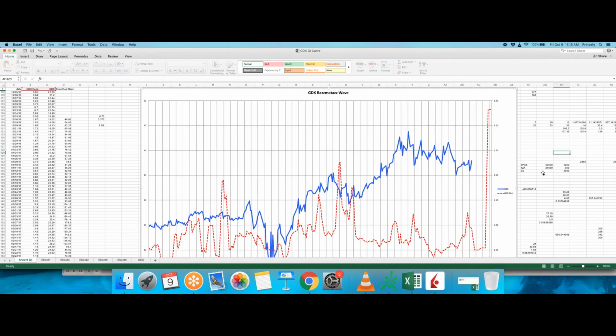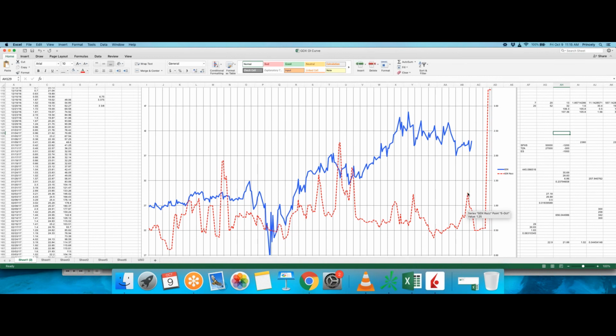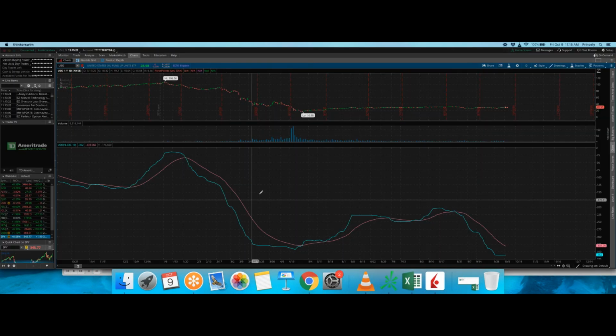Okay, there it is. So if you look at the GDX RAS, it had a high around the 5th of October, and it's generally pointing lower into next week. So I don't know if it's going to play out exactly that way, or the low came in a little bit early because we're up today.